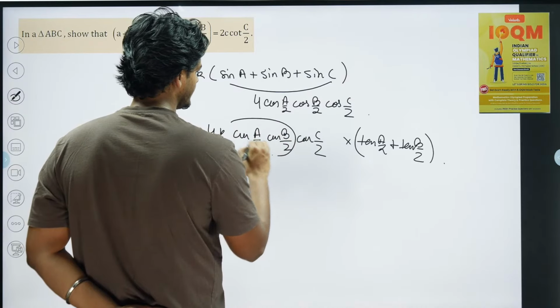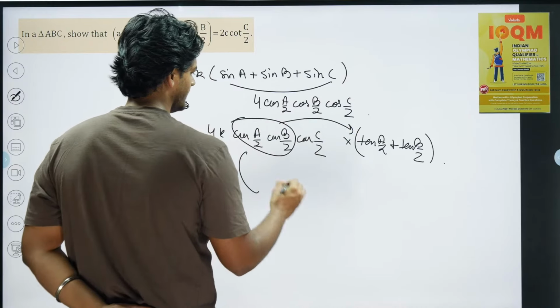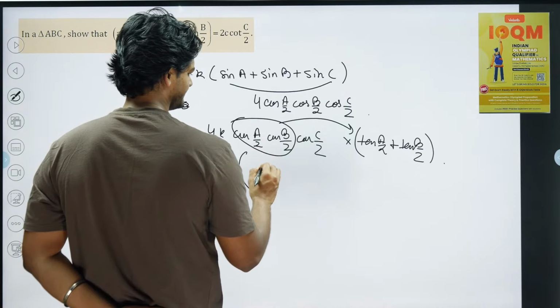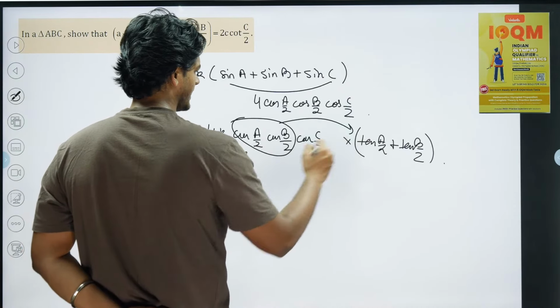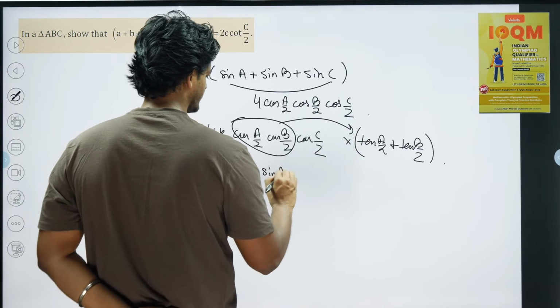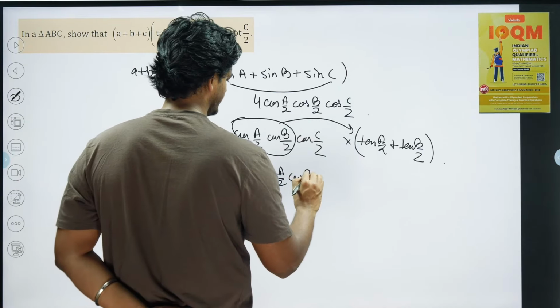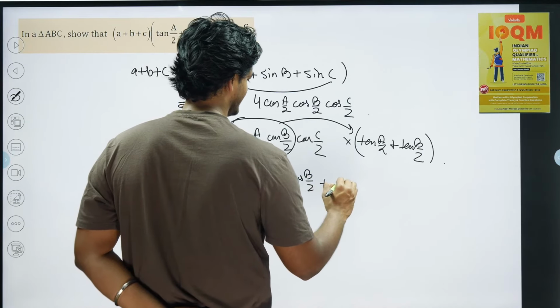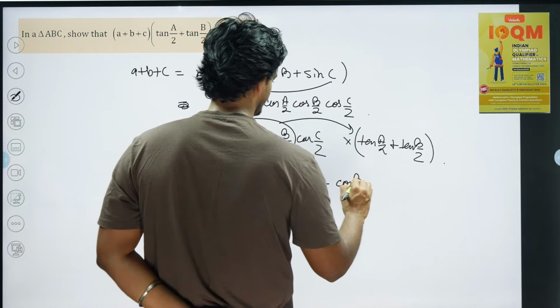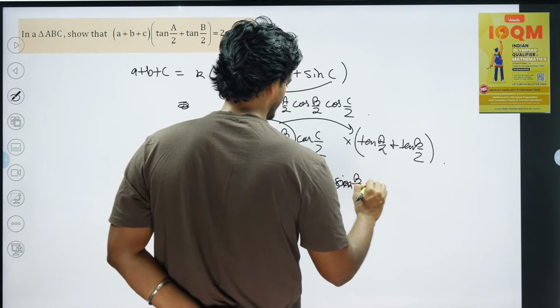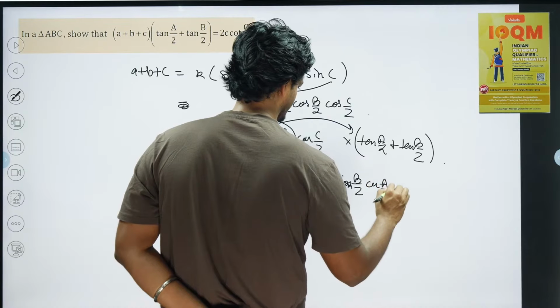I'll only bring these two inside. So what happens? Cos A/2 into tan A/2 is sin A/2, times cos B/2. Very easy, man, very easy. Cos B/2 times sin B/2 times cos A/2.